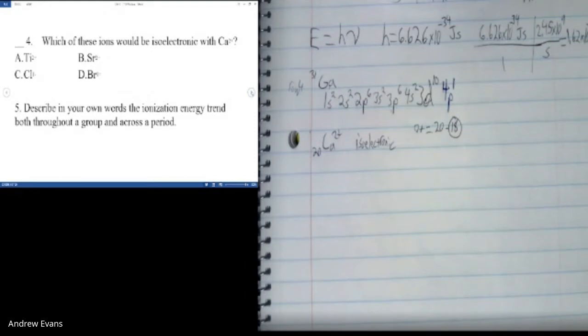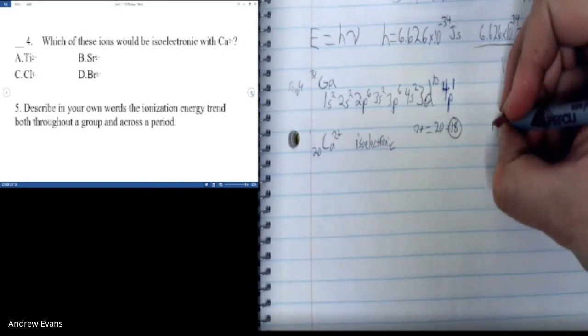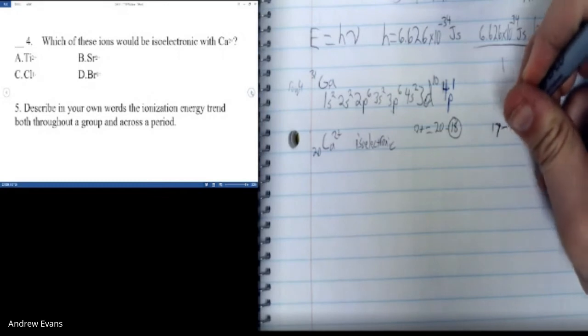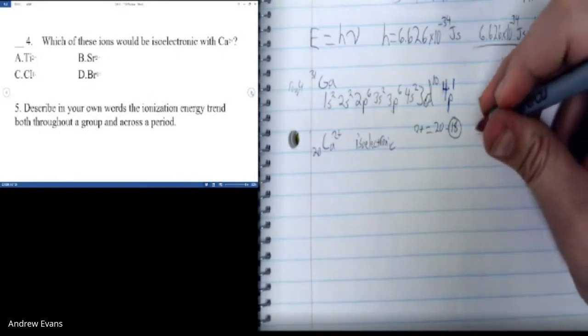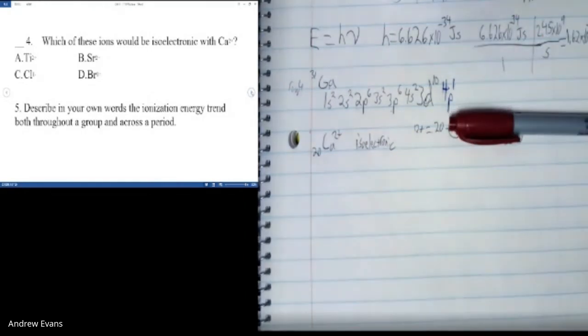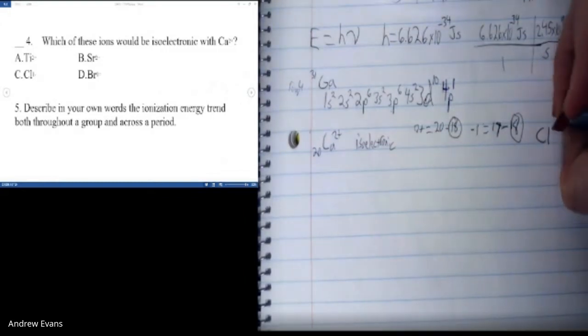If it's chlorine 1-, it would go from 17 to 18 electrons. So the correct answer is chlorine. Bromine 1 minus is element 35, so no. We want chlorine. Chlorine 1 minus is the correct answer.